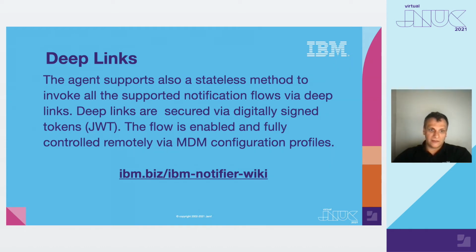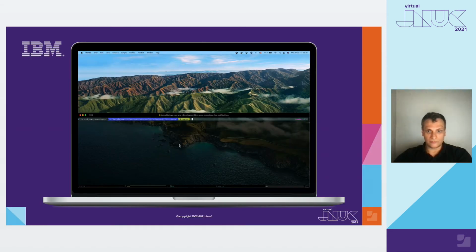How to generate the deep links and how they are secured, I encourage you to head over to our wiki down below at ibm.biz, IBM Notifier wiki. On the next slide, we will show a short example of how it's done.